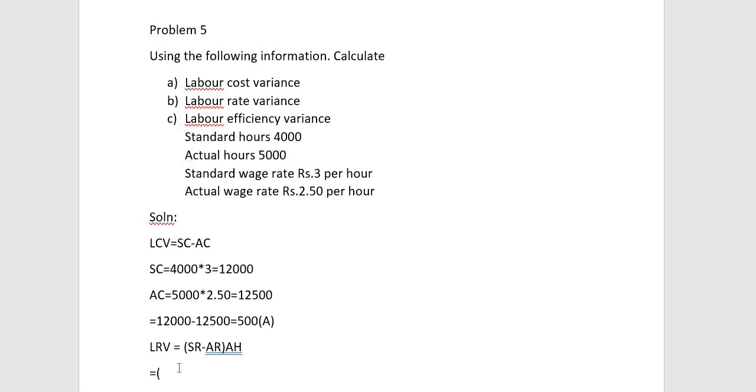So 3 minus 2.5 is 0.5, multiplied by 5000 equals 2500, which is a favorable variance.